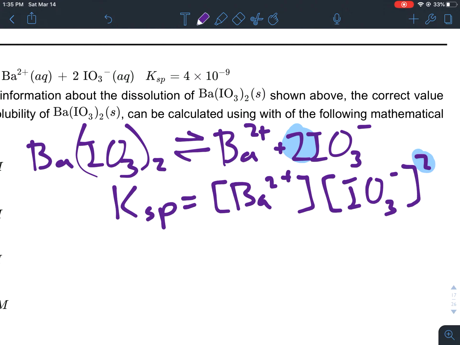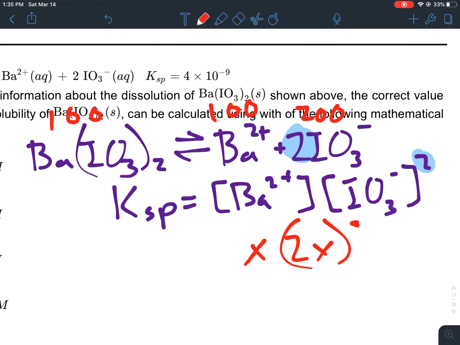This is a tangent, but if I had 100 of these, I would have 100 Ba2 plus. But I would have 200 of these. I would double that number. So this is becoming x and 2x squared, okay? I really want you to get this point. This 2 becomes the exponent, and it becomes the concentration here. That 2 does 2 things there.